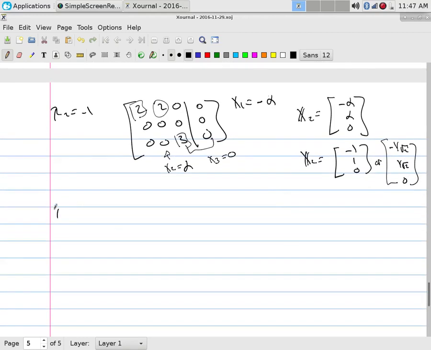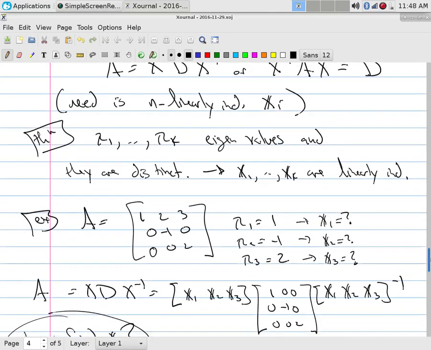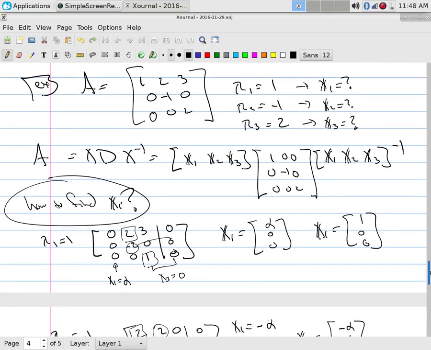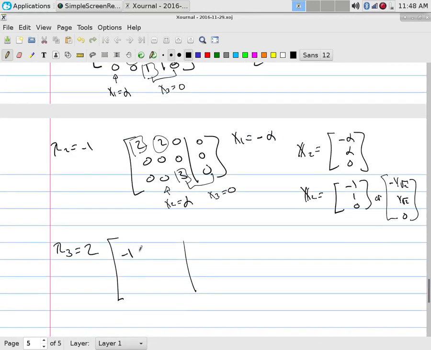All right, what about lambda 3 was 2? If it's a 2, then my vector becomes minus 1, 2, 3, 0, negative 3, 0, 0, 0, 0. And so that tells me lead, free. So I could say x3 is equal to alpha, but this is easy to read.